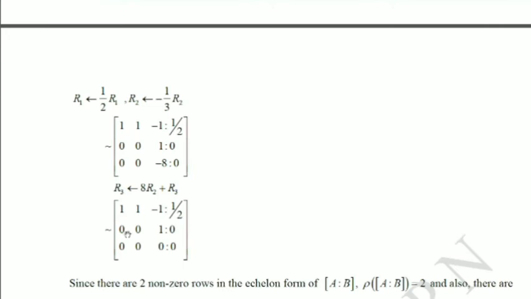So how many non-zero rows are there? 1, 2, only 2 non-zero rows are there in matrix A, because this is a 0 row. Therefore, the rank of matrix A is also 2. So the rank of the augmented matrix is the same as the rank of matrix A. Therefore, the given system is consistent because it has a solution.